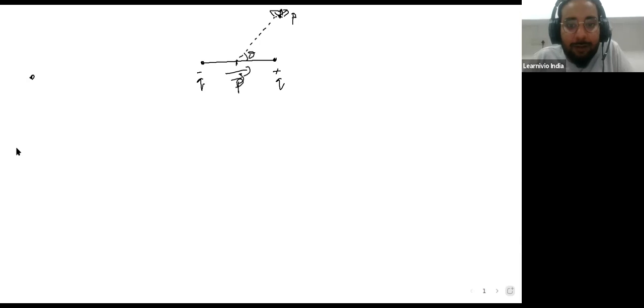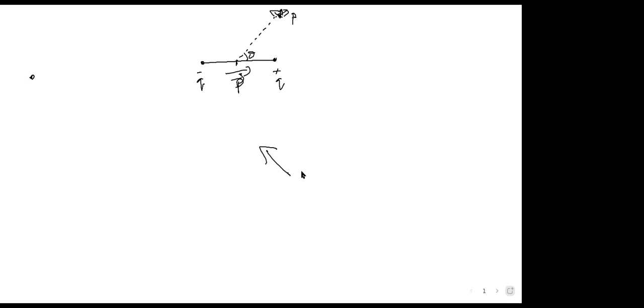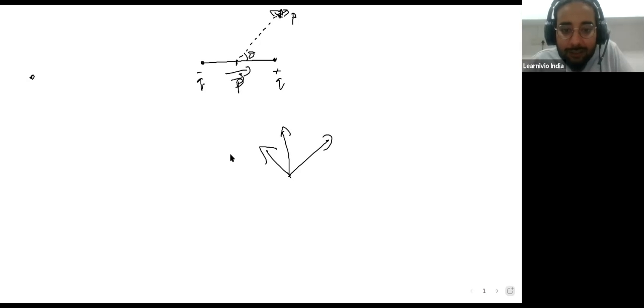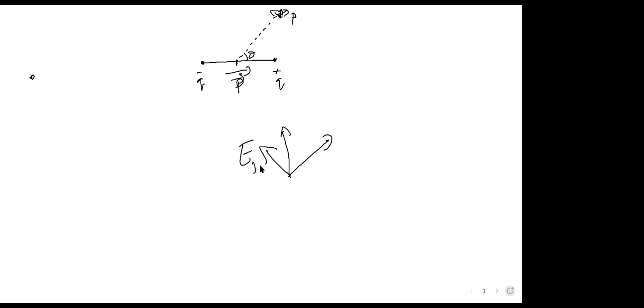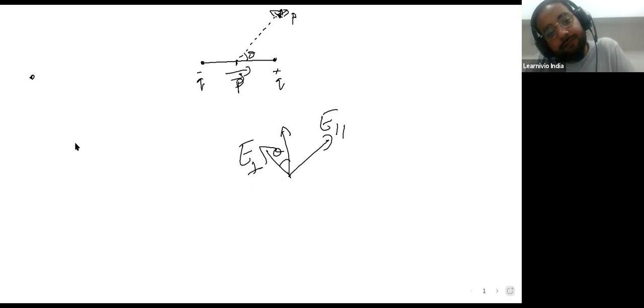We have the relative amplitudes, so we can calculate the angle between these two things. So essentially, it's one vector here, one vector here, and what we want to do is calculate the resultant. This is because of the E perpendicular. This is because of the E parallel. Correct. Yes, sir. So let's call this angle theta.